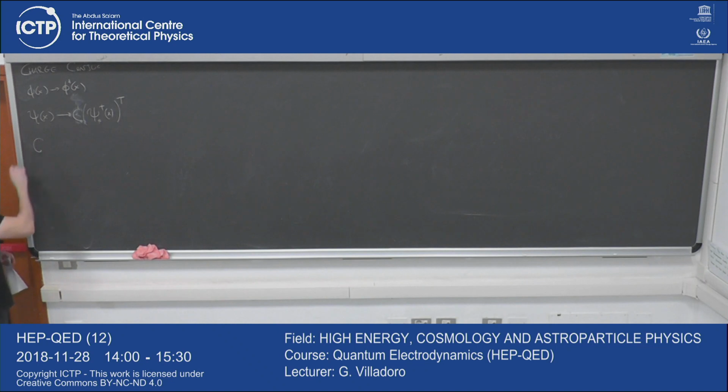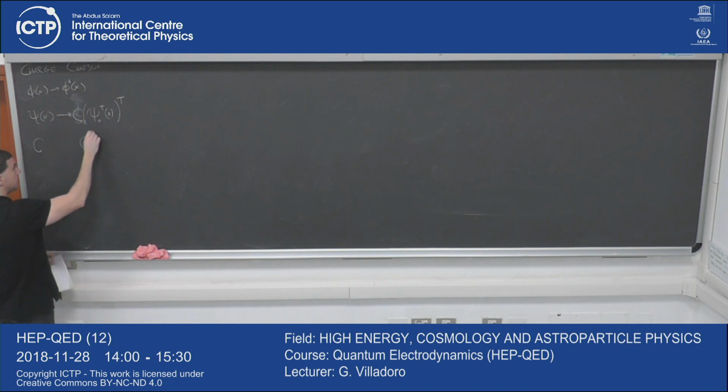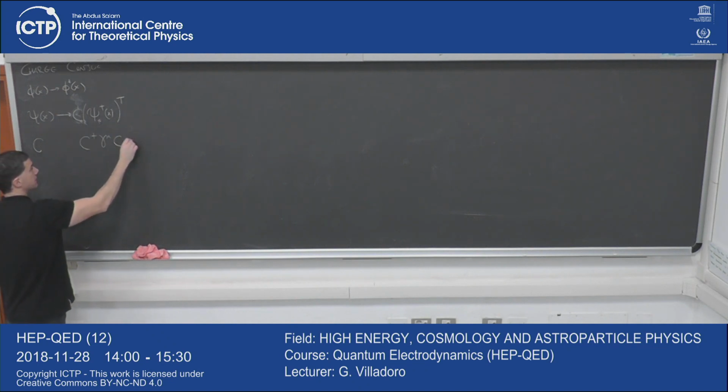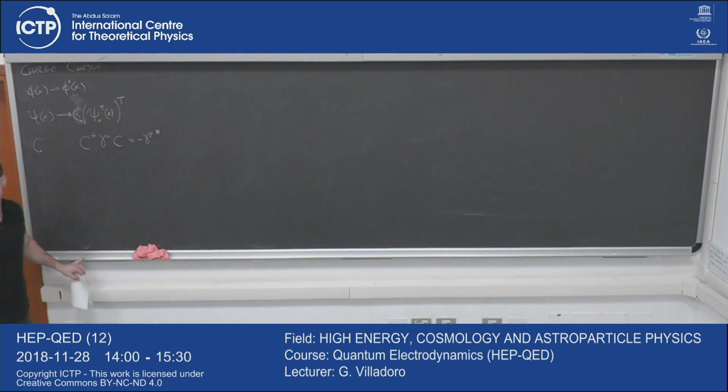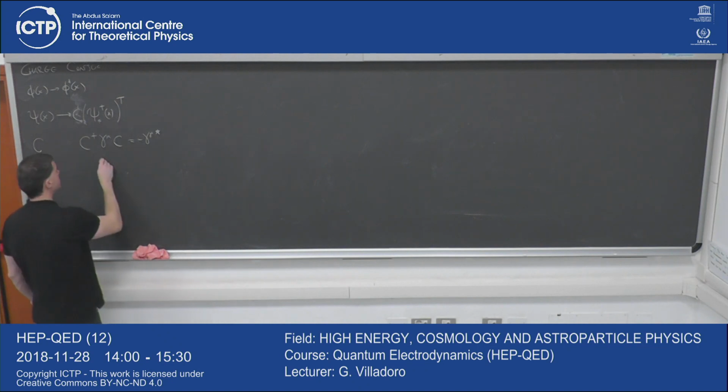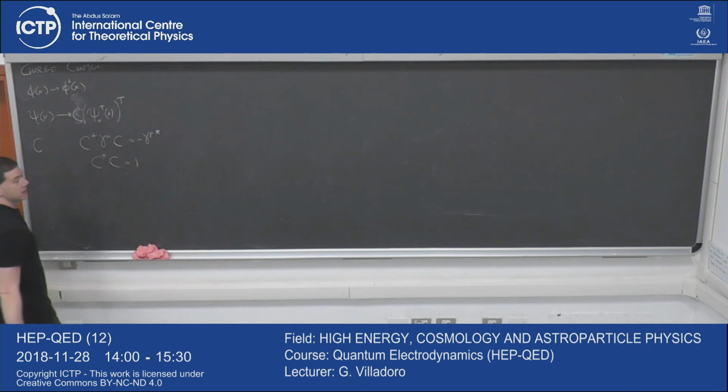So if this matrix C is such that C dagger gamma mu C is equal to minus gamma mu star, and this C is such that C dagger C is equal to 1, so identity, so it's unitary, then we will see that the Dirac Lagrangian is invariant.